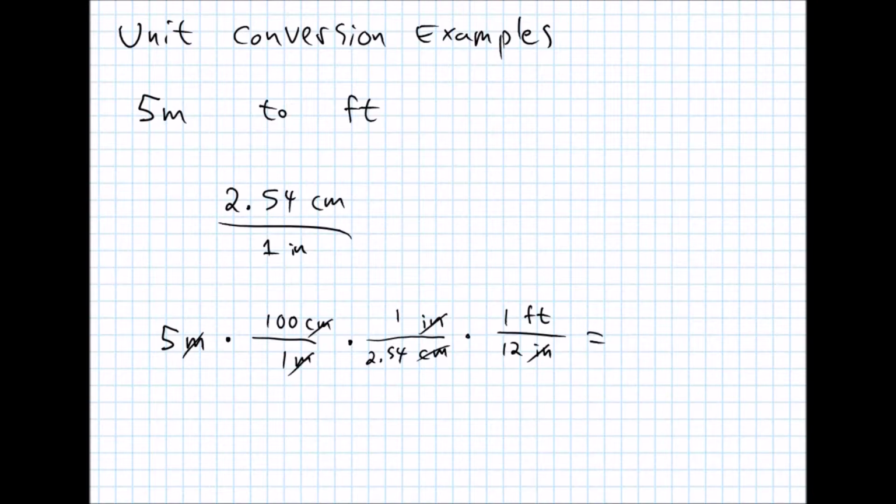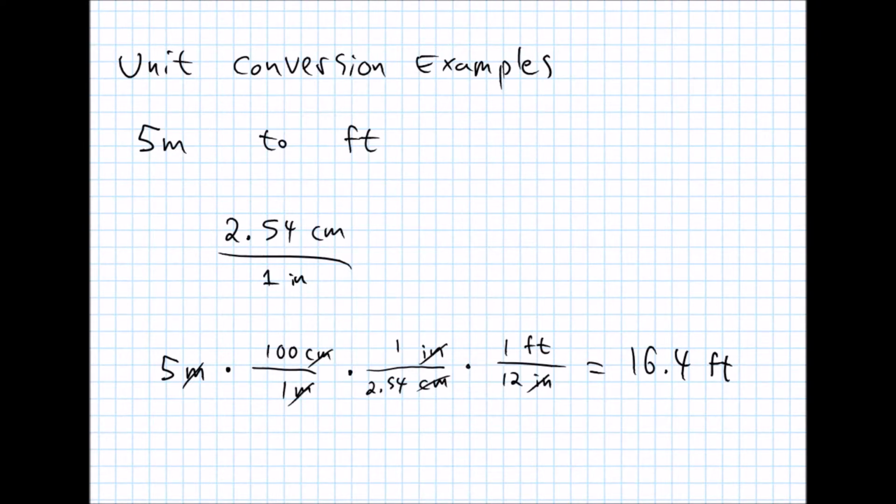And so I was able to get from meters into feet, knowing this other conversion factor of centimeters to inches. So that's 5 times 100 divided by 2.54 divided by 12. And I'm getting a value of about 16.4 feet, because feet are the only unit left on top.